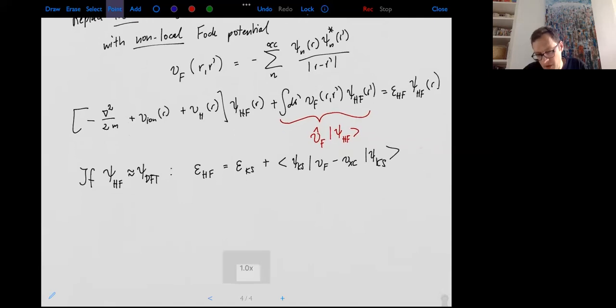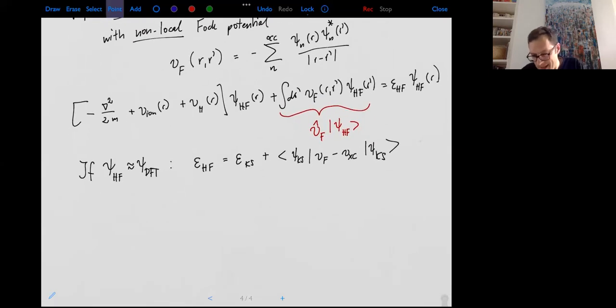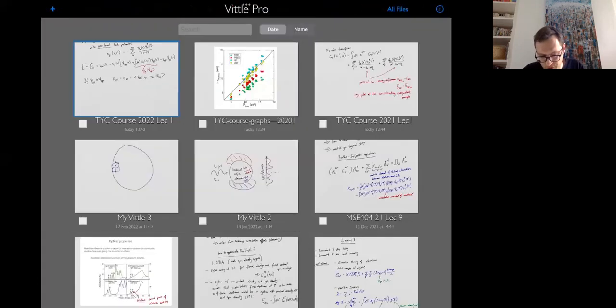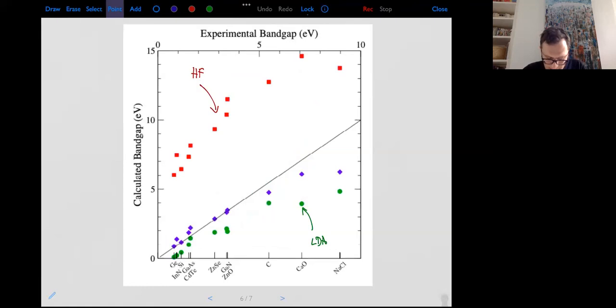Okay, so Hartree-Fock works for molecules, but unfortunately it doesn't work so well for solids. So here I'm showing you the band gaps for a couple of different semiconductors and insulators. And Hartree-Fock are these red dots. And you can see that they are really, really far off. They're much further off than the LDA values that I showed you earlier.